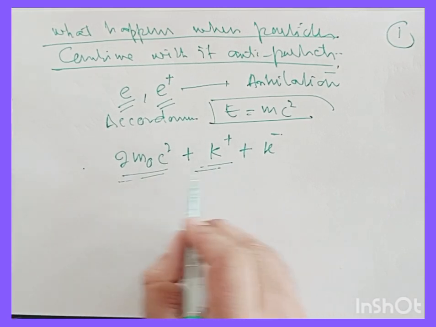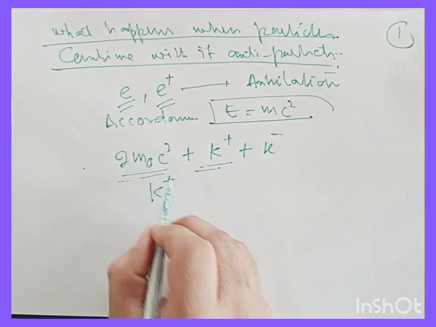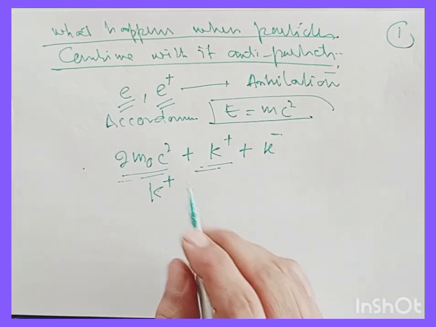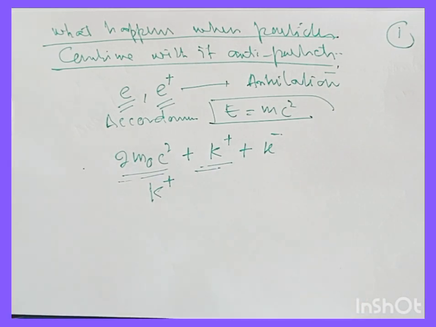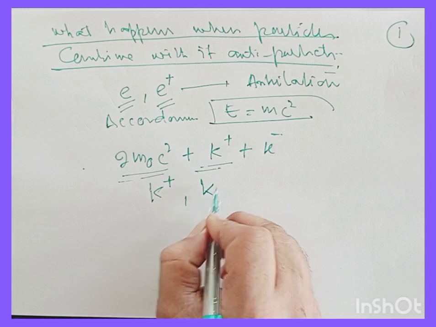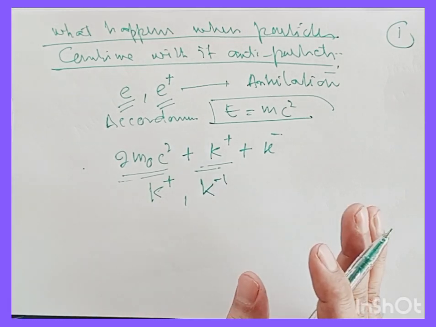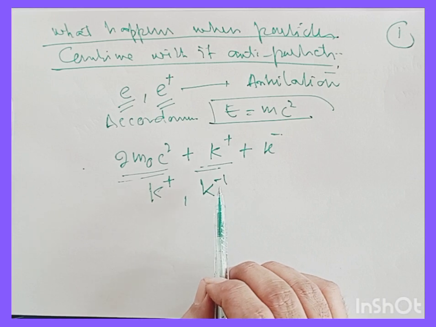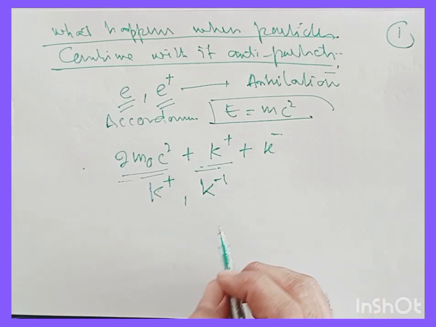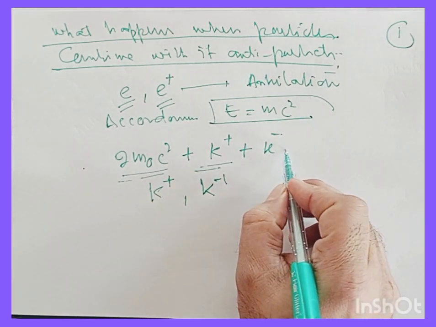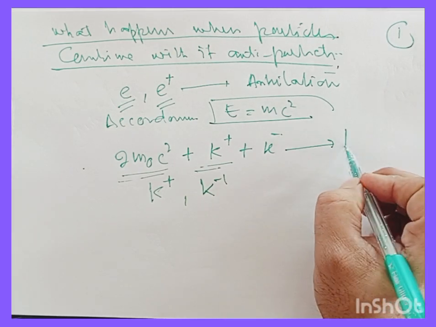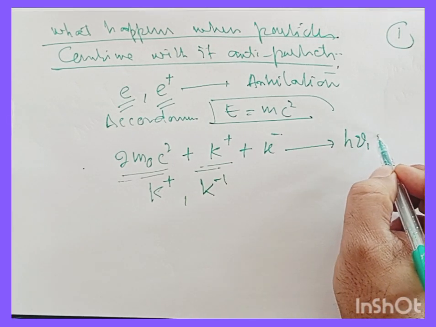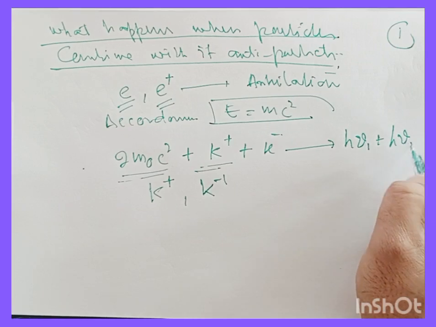K plus is the initial kinetic energy of the positron, and k minus is the initial kinetic energy of the negatively charged particle. This results in h nu 1 plus h nu 2.